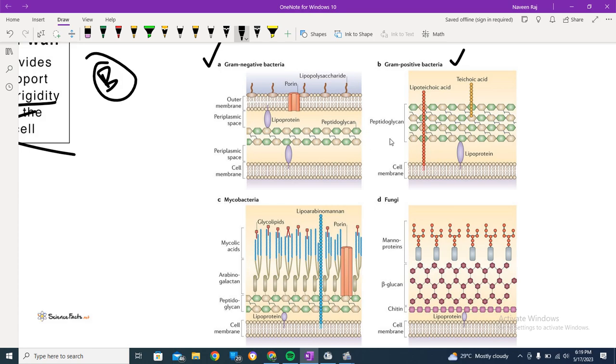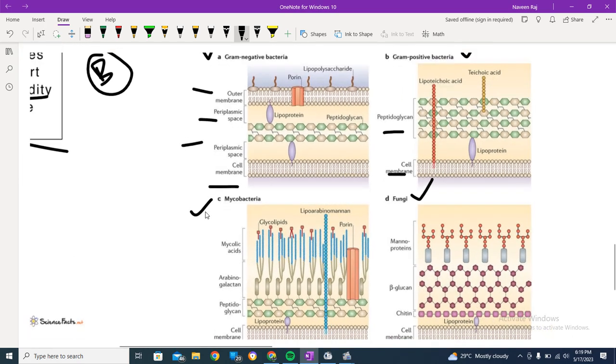Here you can see one peptidoglycan layer and one cell membrane. But here you have a cell membrane, then some spaces, then an outer membrane. In gram-negative bacteria we have extra layers, while mycobacteria have some other composition, and fungi have another composition. So this varies from place to place, right?